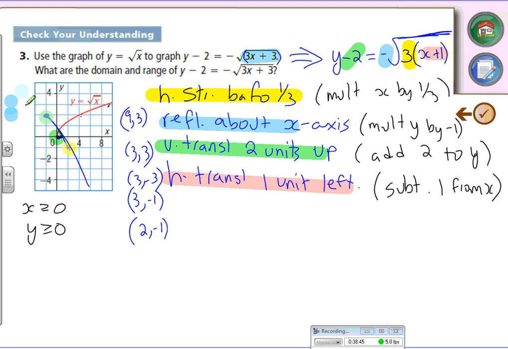So our domain now is everything from this point, which is -1, and to the right. So for our new domain, we've got x is now greater than or equal to -1. And our range is everything below that point, which was 2. Y is less than or equal to 2.